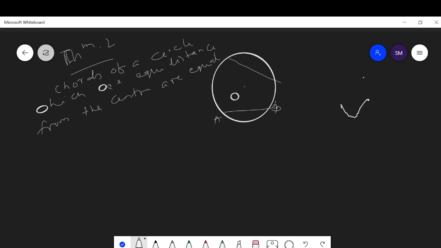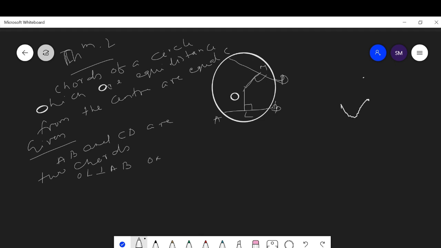OL is the perpendicular distance of chord AB from center O, and OM is the perpendicular distance of chord CD from center O. Given that AB and CD are two chords at equal distance from the center, where OL is perpendicular to AB and OM is perpendicular to CD, and OL is equal to OM, we have to prove that AB is equal to CD.